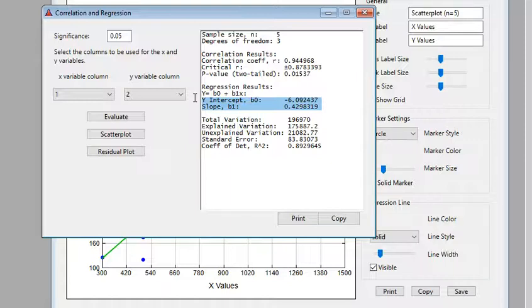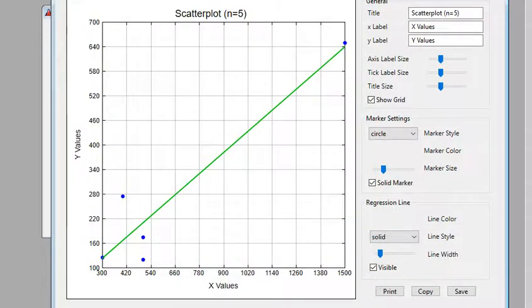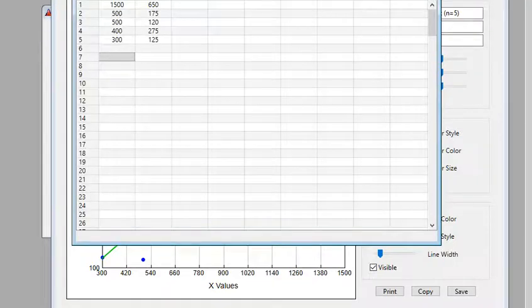Are you getting different values? No, I didn't take out the row yet. Okay. Let's take a look back here at the data then. 56. Okay. Thank you. 125. 275.